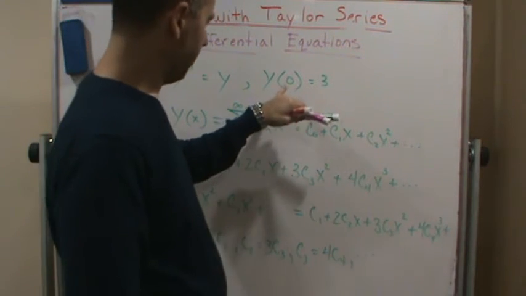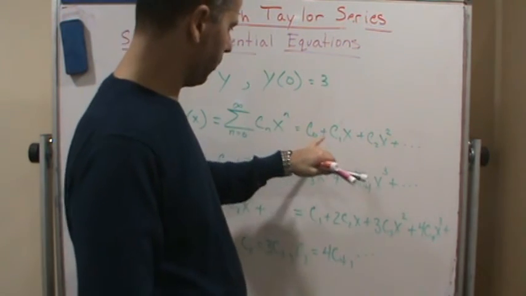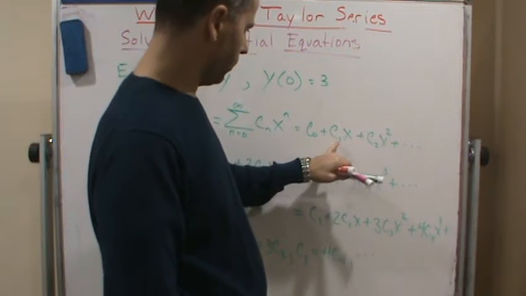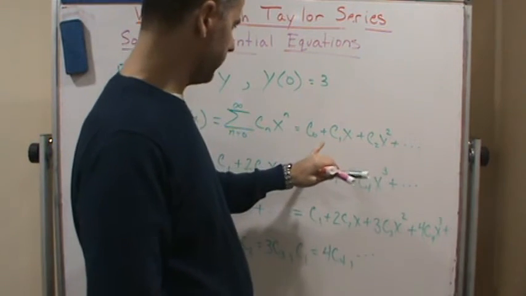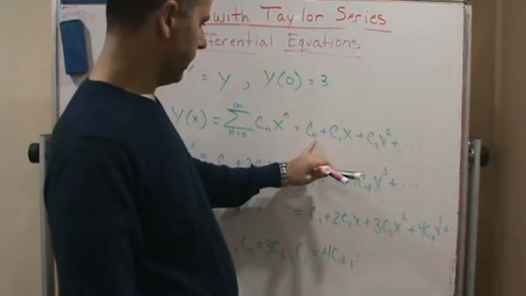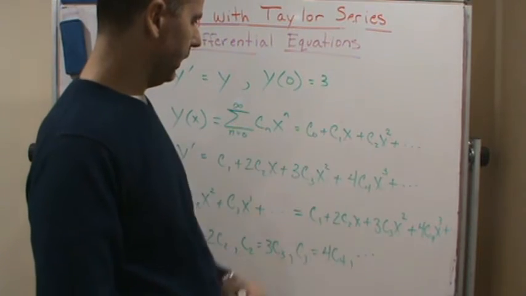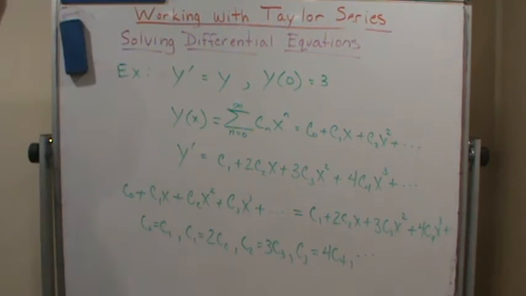So again, what happens? y sub 0 is equal to 3. So all of these terms go to 0, and we're left with c sub 0 equals 3, right?